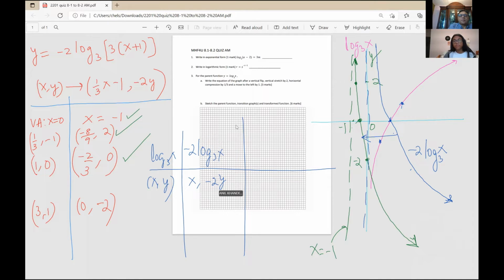Is it okay? Mhm. And then you have -2 log to the base 3 of horizontal stretch, which is by a factor of 1/3. So 3x. Is it okay? Yeah. So make this, which is from here, we know that x now becomes 1/3 of x and the y value is -2y itself. Is it okay? From the original we are saying.